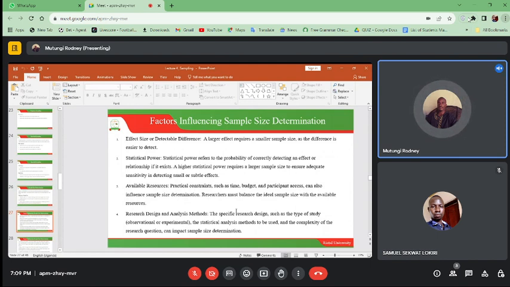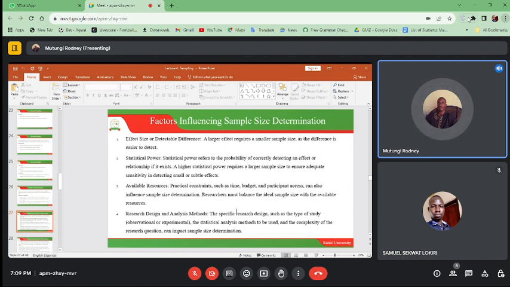A larger effect size requires a smaller sample size as the difference is easier to detect. If you want to realize a larger effect in the population, for example, the change in malnutrition, you might require a smaller sample size because that change will be very easy to detect.